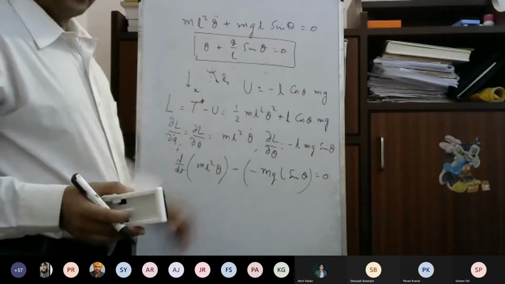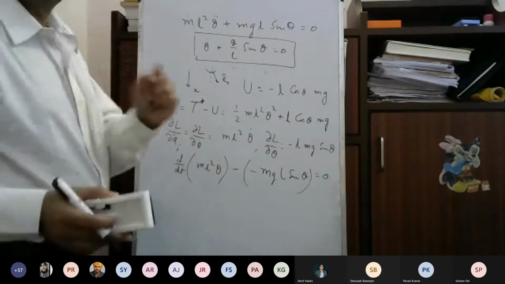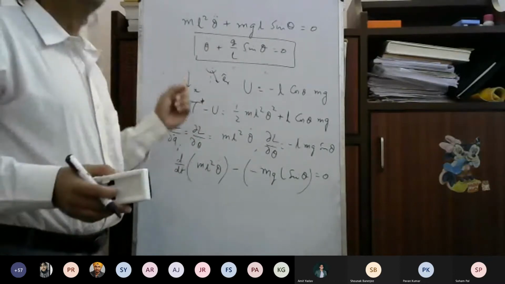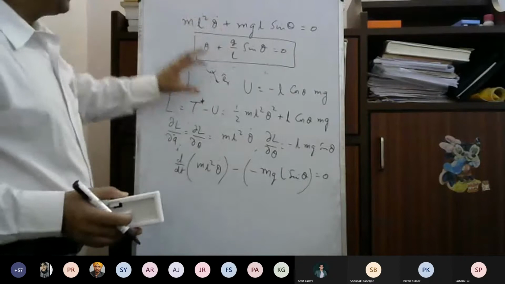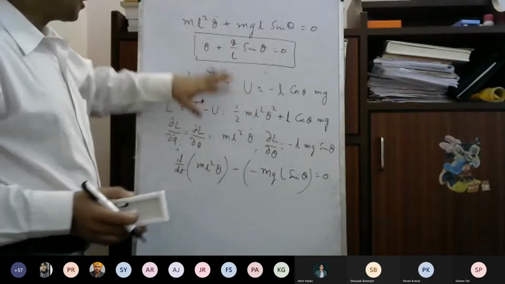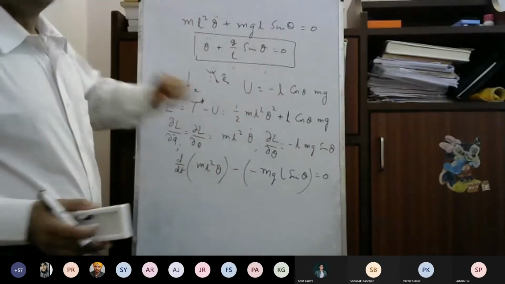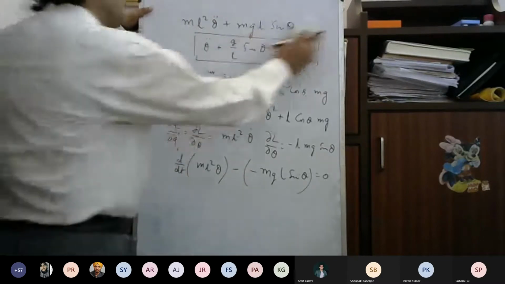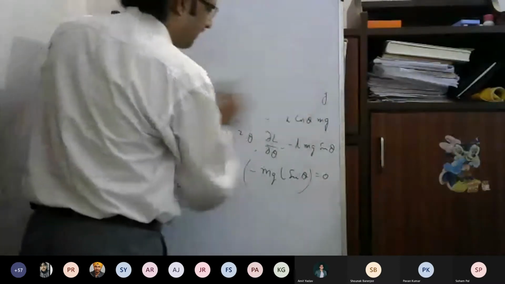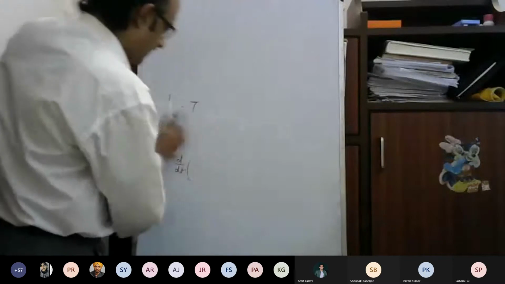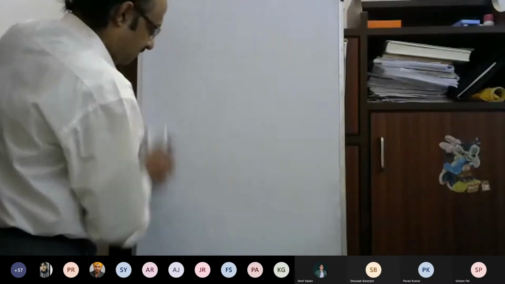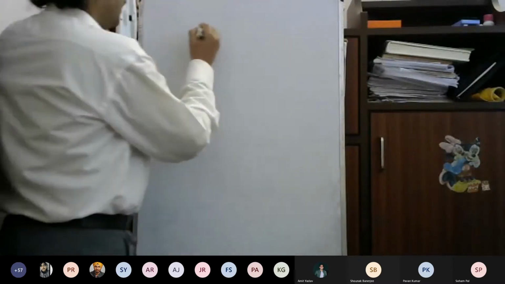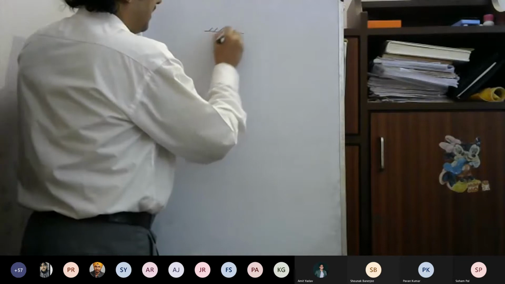The string tension, which is actually a constraint force, is not required in this particular formulation. So in some way, this is a little advantage. Of course, this advantage is not very clear from this problem, because it is too simple. But if you consider a little more complicated problem, then you will see how the Lagrangian formulation helps us.